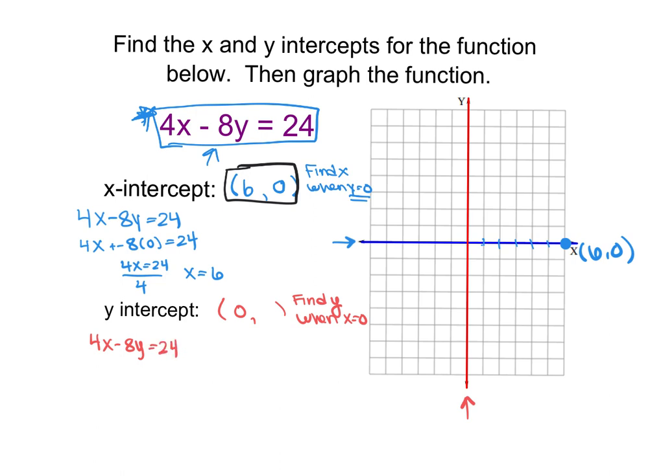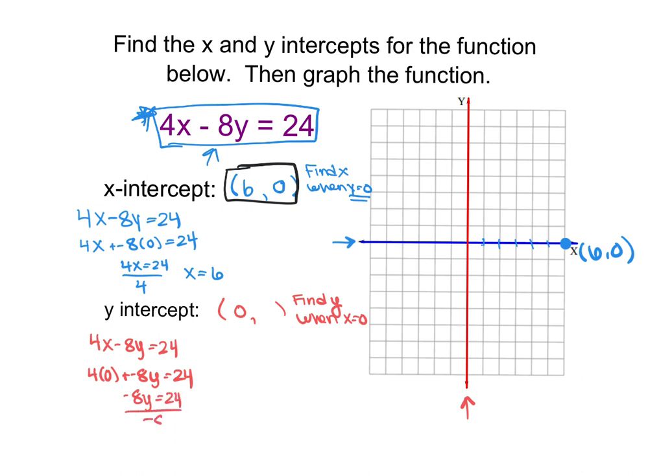I'm going to replace x with 0. So I have 4 times 0. Then I'm going to use keep change here so I don't make a sign error later on. I know that 4 times 0 is 0 or nothing. So that's just going to result in a negative 8y is equal to 24.